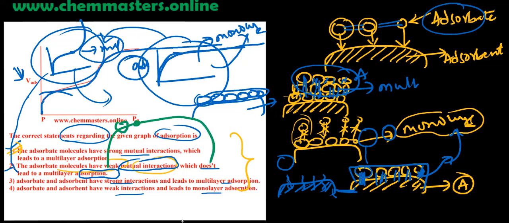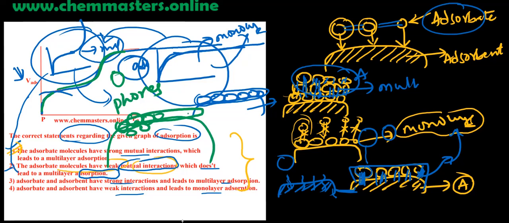At the first stage, the capillary pores are occupied with the adsorbate molecules in a rapid way. That's why this increase can be seen, and after some time further rapid adsorption can be seen, due to the complete surface being occupied by the adsorbate molecules.